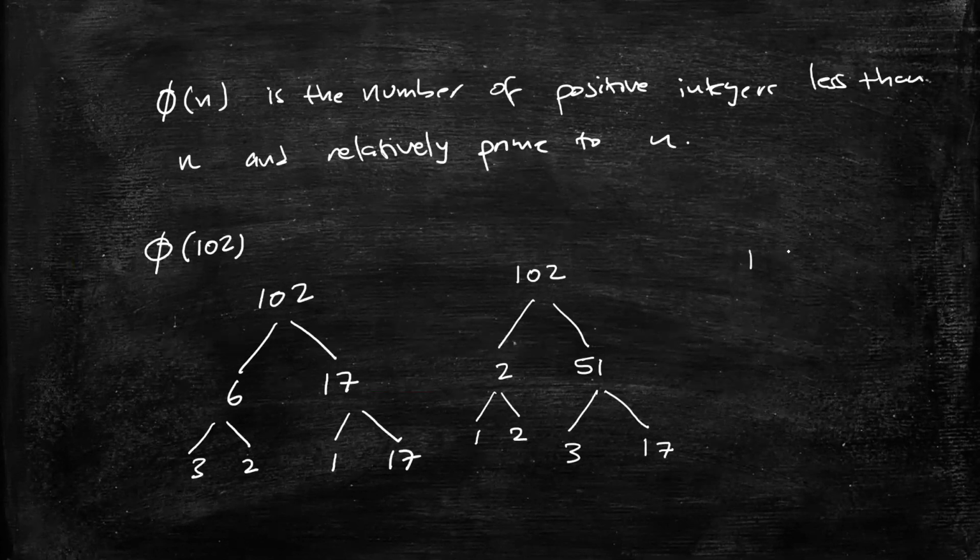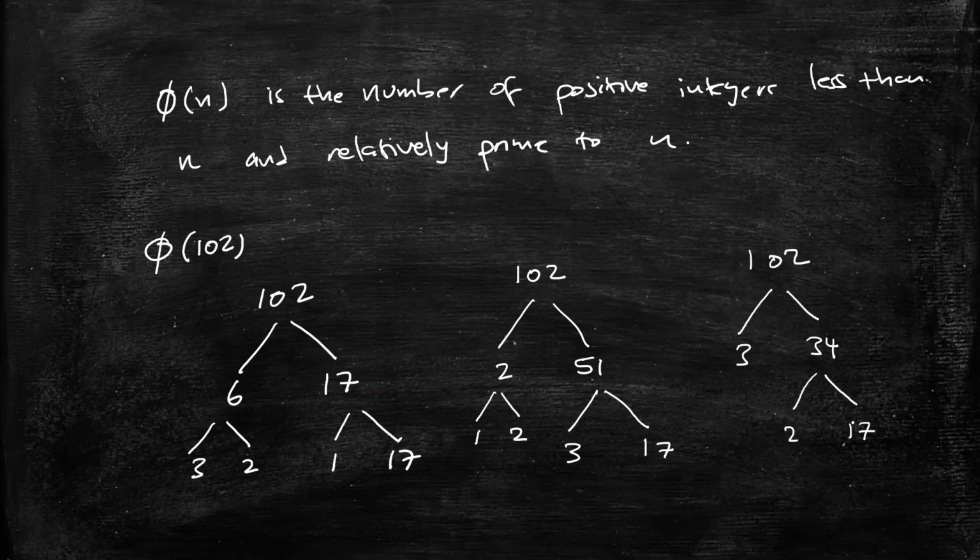And we can also try another two possible factors for 102, and that would be 3 and 34. 3 times 34 gives me 102. 34 is not a prime number because you recall a prime number is a number that can only be divided by itself or by 1, but 34 can be expressed as 2 times 17.